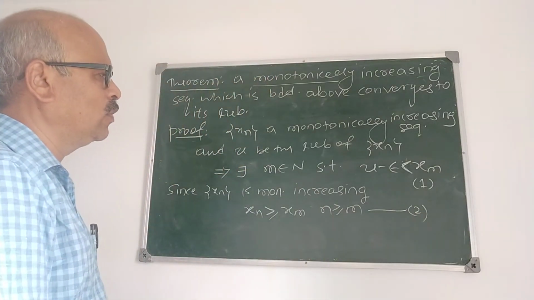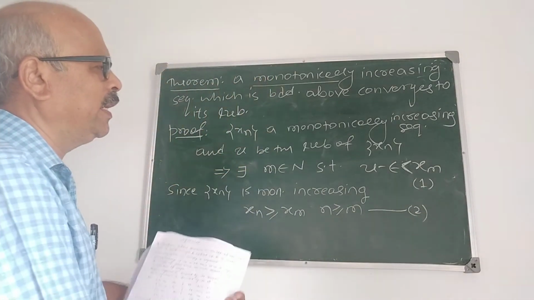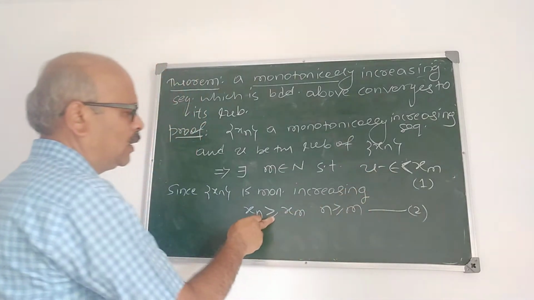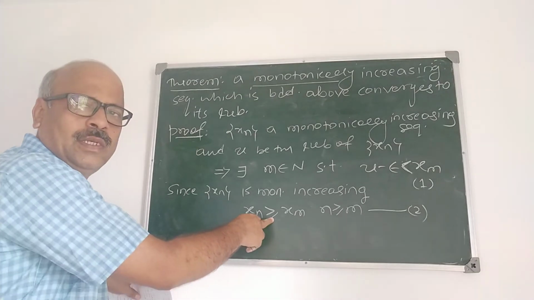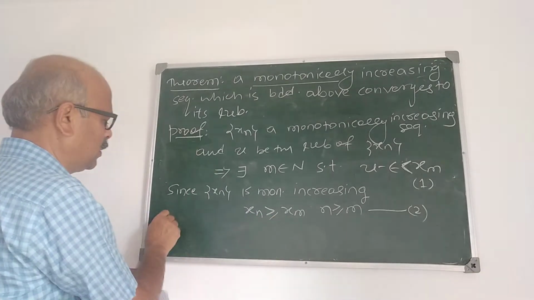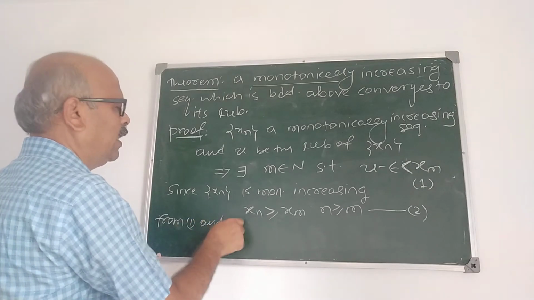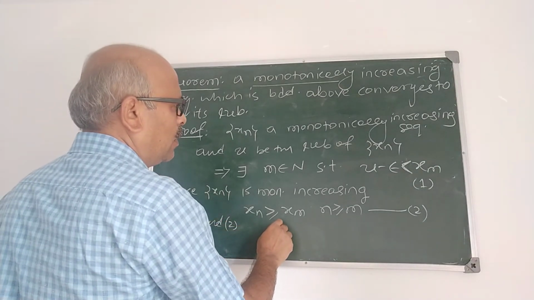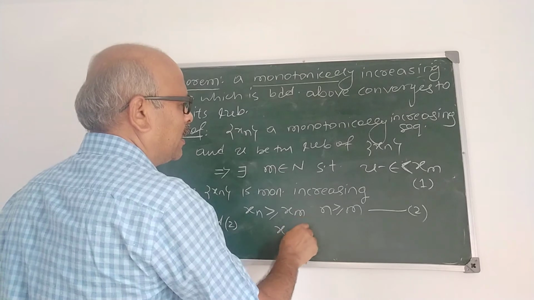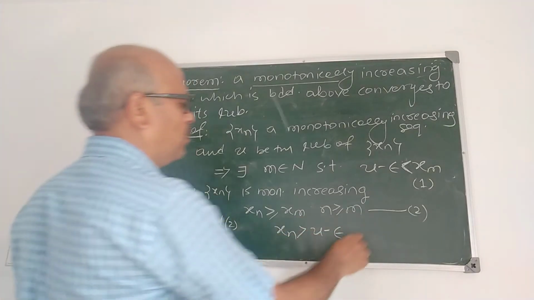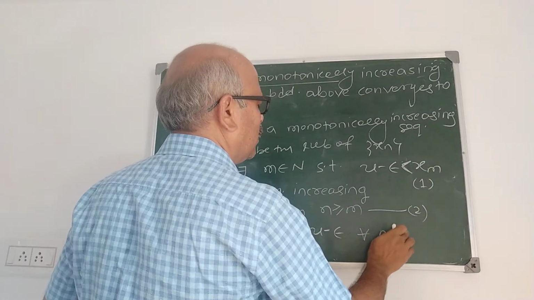Now see 1 and 2, what do you get? 1 is by the definition of least upper bound, and 2 is the definition of a monotonically increasing sequence. From 1 and 2, xn is greater than u minus epsilon for all n greater than or equal to m.